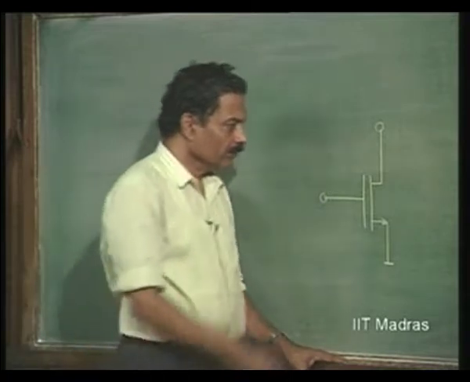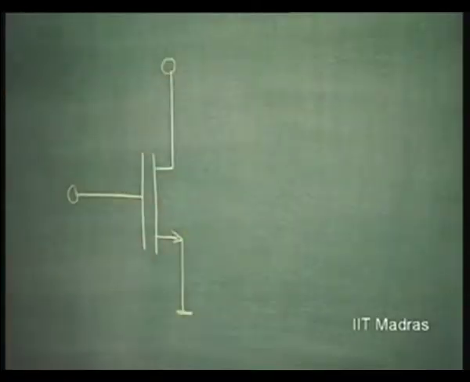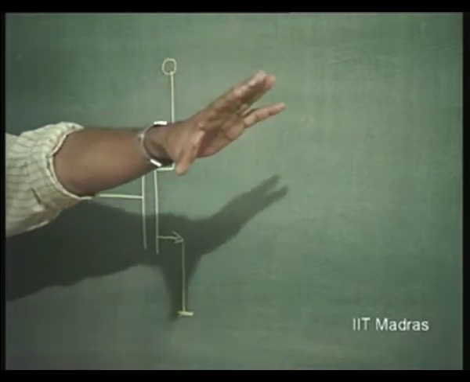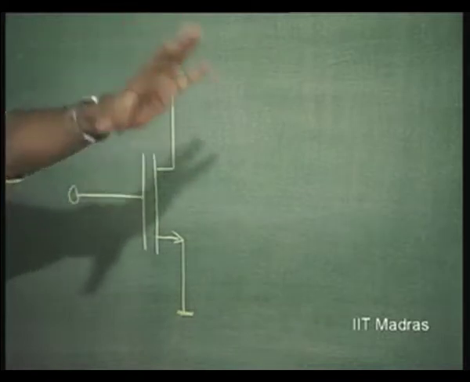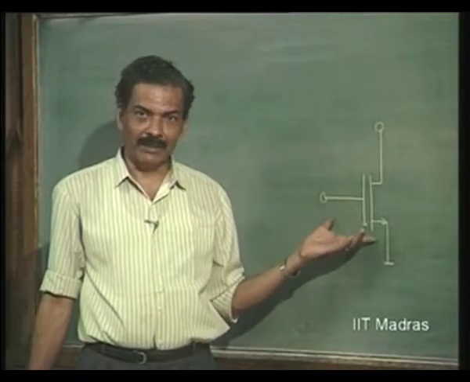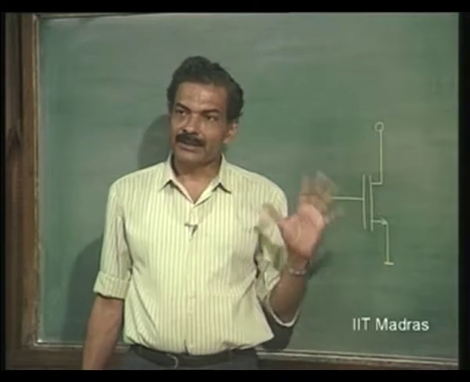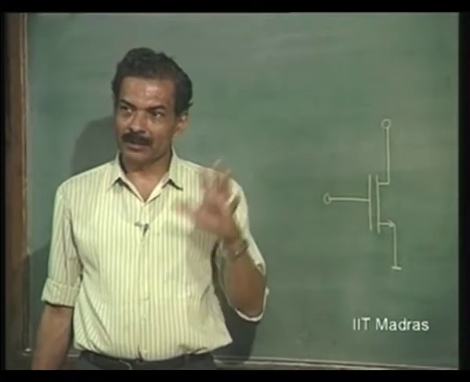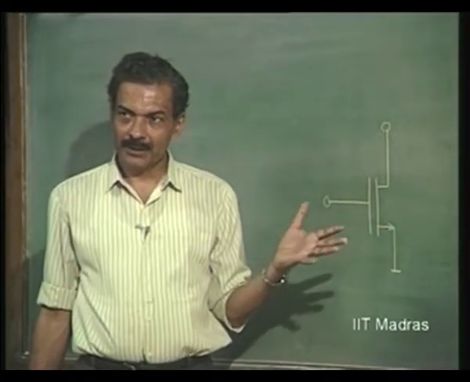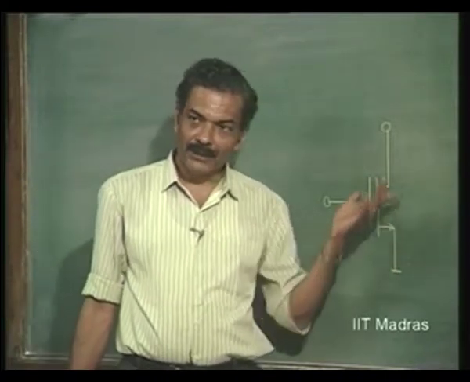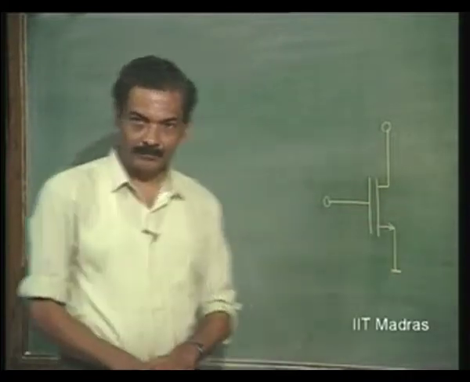So, let us see how this FET, it could be JFET, enhancement type of MOSFET, or depletion type of MOSFET. I am just taking one type of FET here. Since the equations look identical, whether it is enhancement or depletion type, we can use one particular type for illustrating any particular example.